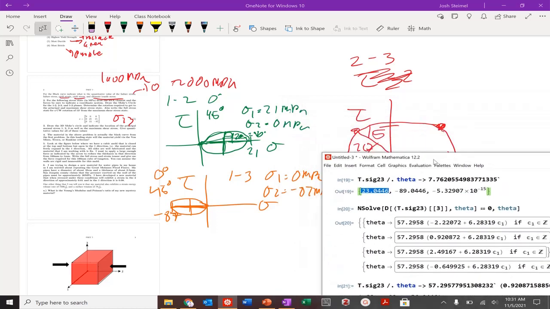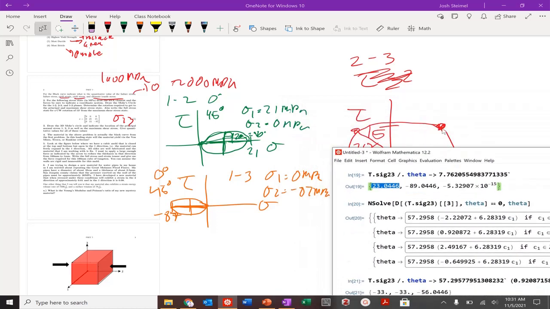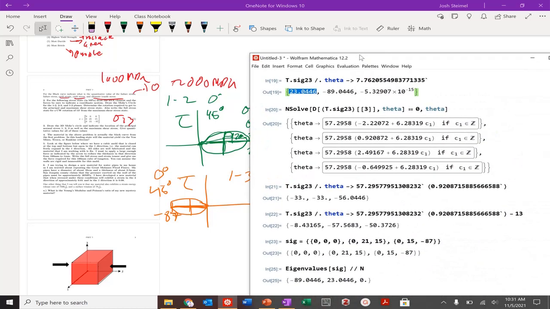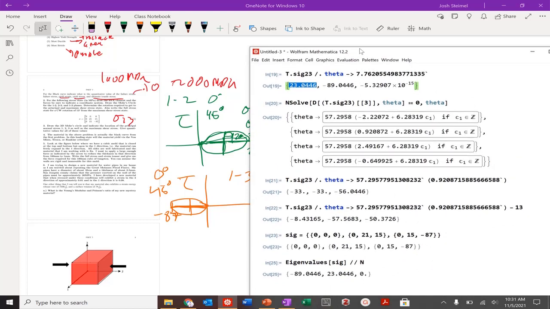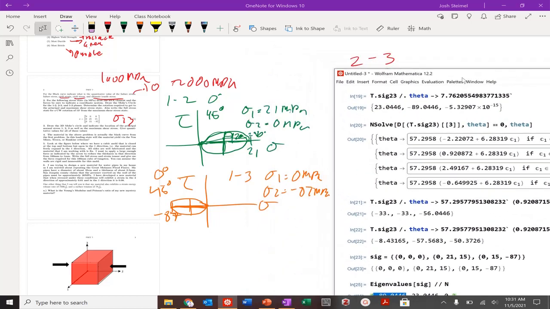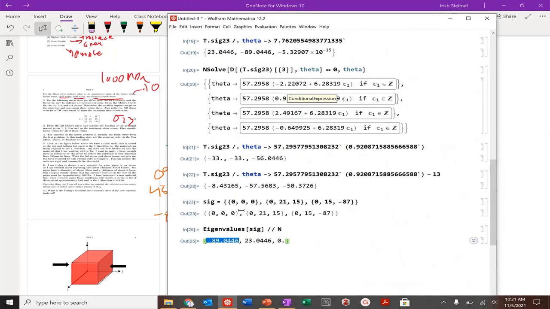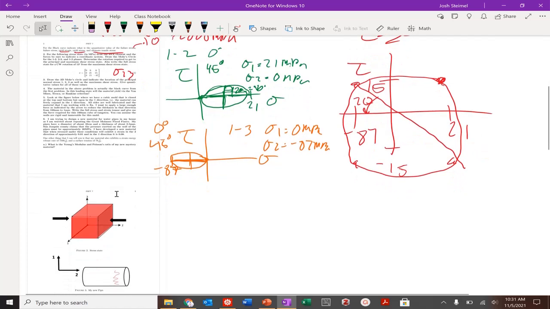Excuse me, what's the maximum sigma 2 value? Sigma 2, that'd be 0, right? So we got the 0 right here. And then the lowest value of sigma 2 is the minus 989. So we've got our values. So these would be our principal stress values. This would be sigma 1, sigma 2, sigma 3. So you just draw the Mohr circle around that.